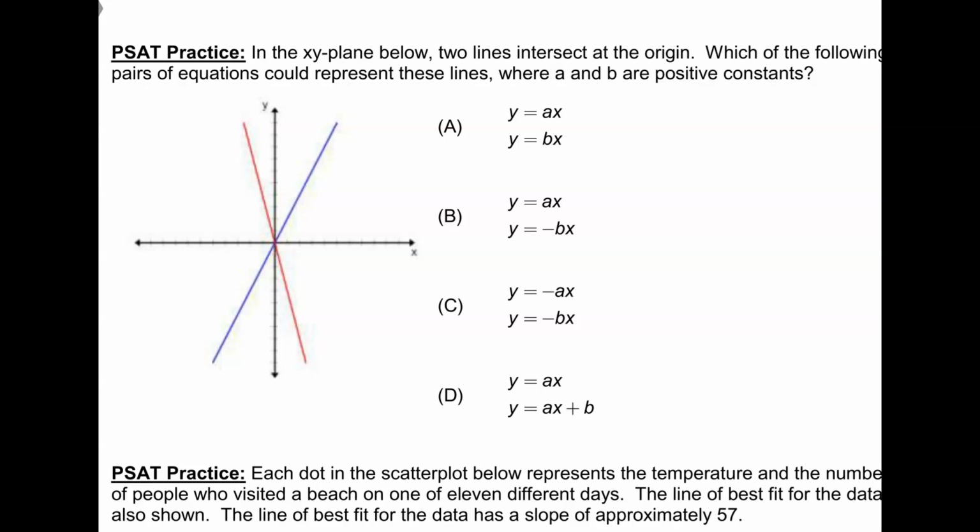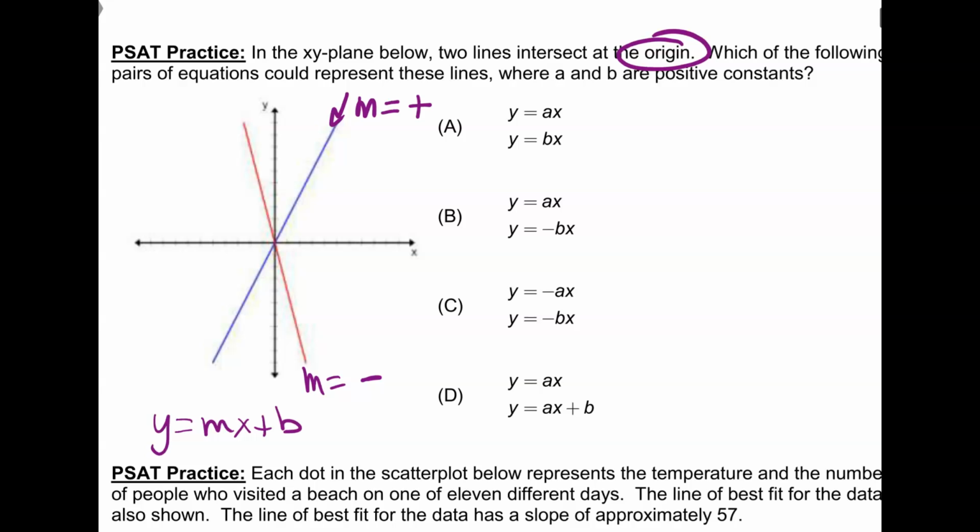Okay, so what's the slope of the blue line? It's positive. What's the slope of the red line? Negative. So I know that if I write it in y equals mx plus b, slope-intercept form, what's the b? What's the y-intercept?